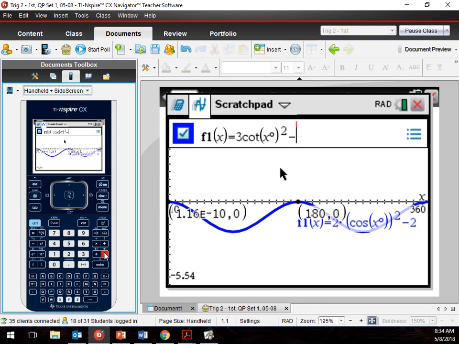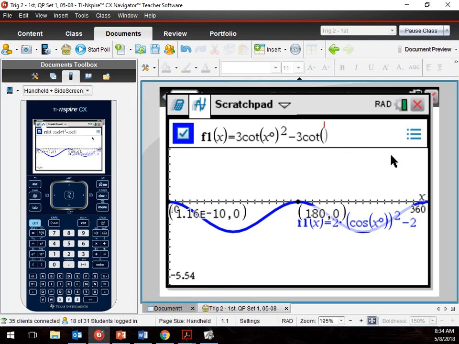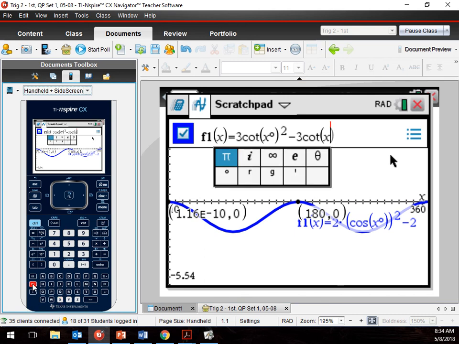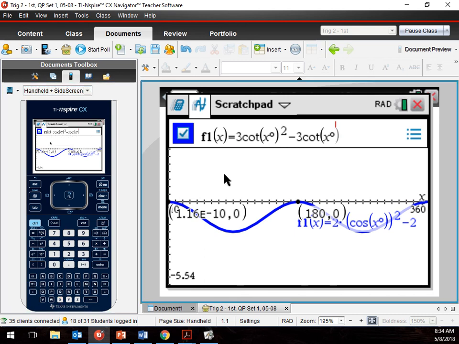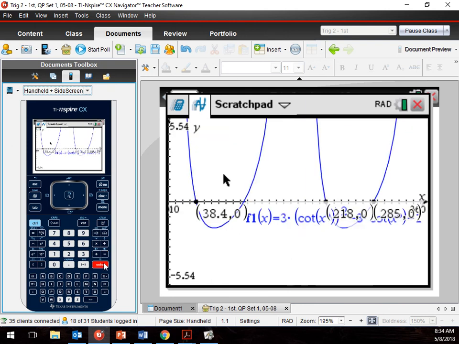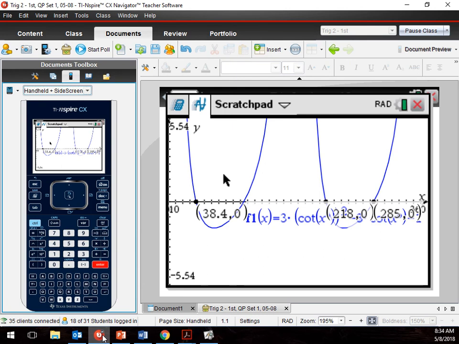Yes. 3 cotangent, thank you. And minus 1. There we go. Do we have the same interval on this one? Yes. Let's see, 0 to 360, okay. All right, let's see, how many answers should I have here?